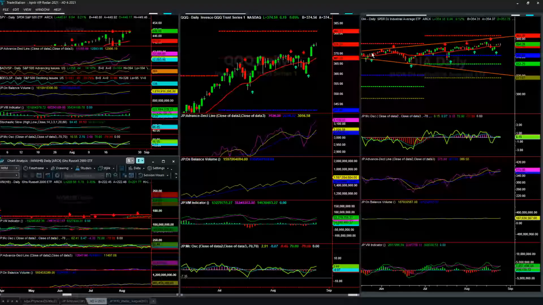But instead of breaking the data down from the New York Stock Exchange Composite Index, which we don't trade, I broke it down to get data from the Dow Jones Industrial Average, the NASDAQ 100, the Russell, and the S&P 500. Now, that's a different tool, and that's a breadth analysis tool.